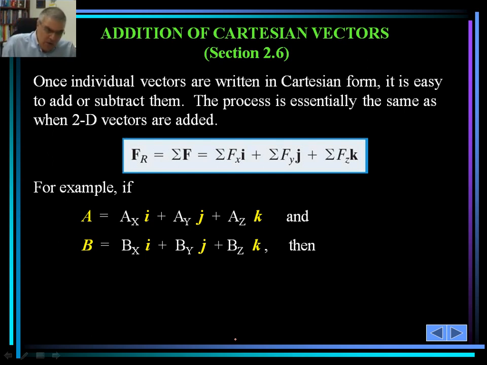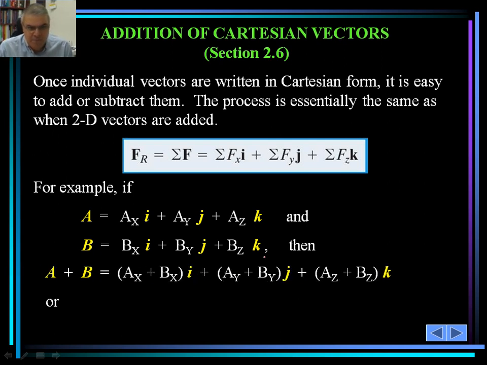So for example, if a_x i plus a_y j plus a_z k is shown as A, and B is also shown as b_x i plus b_y j plus b_z k, then if you want to add A to B, A plus B would be, we simply add a_x plus b_x, and a_y plus b_y, and a_z plus b_z.